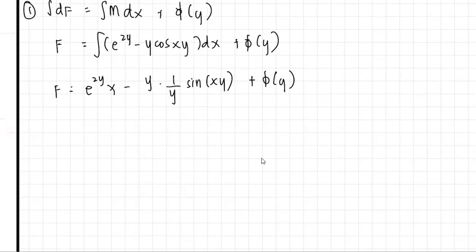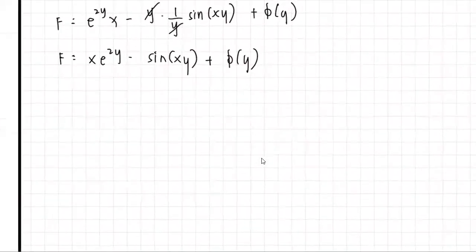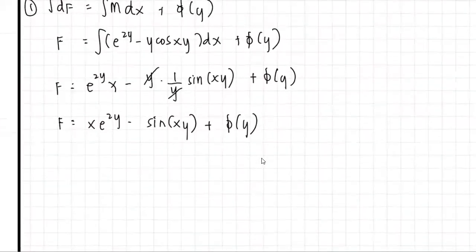So let's try to simplify. So we have f equals x e^2y, cancel out yung y, so sine xy plus phi y. Okay? So yun step 1 natin. So step 2 is to get yung partial of f with respect to partial of y.